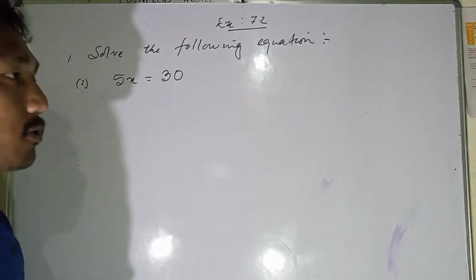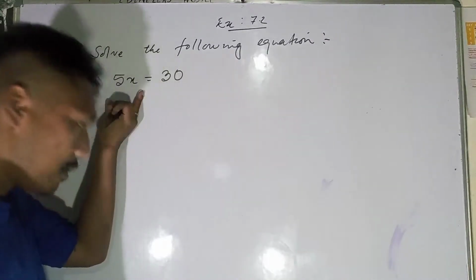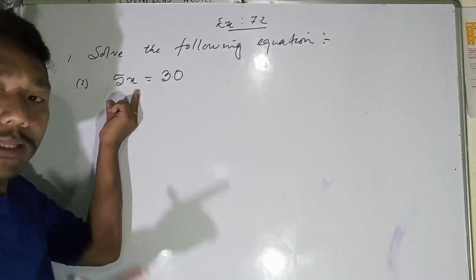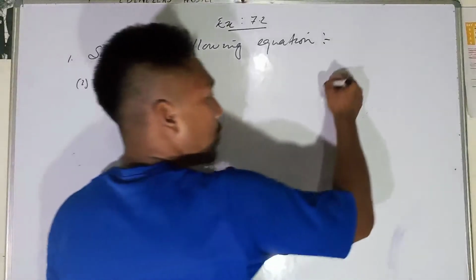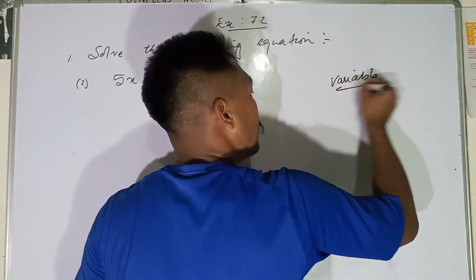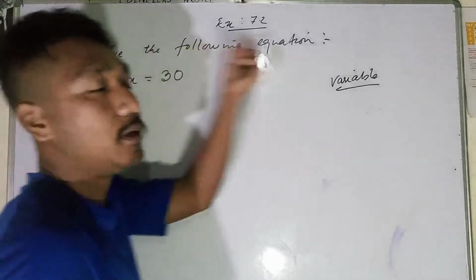So what is the direct method? Leaving only the variable on one side, we try to move all the numbers to the other side. We shift the numbers from one side to the other.